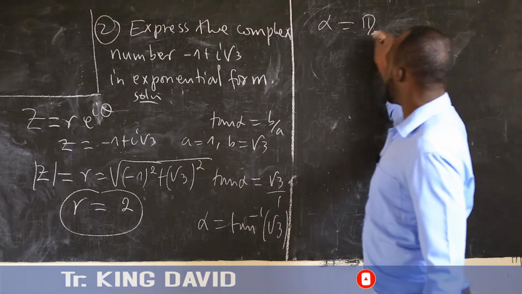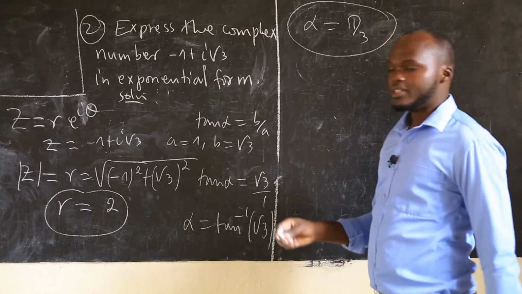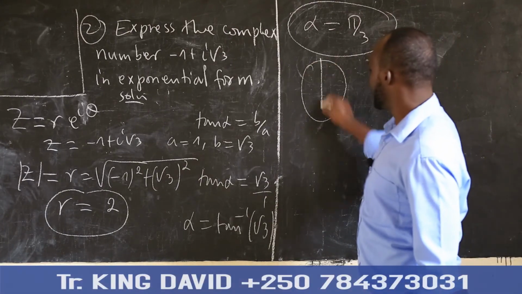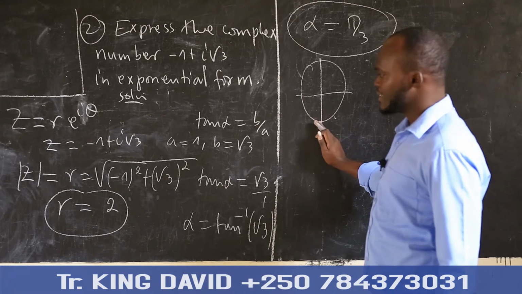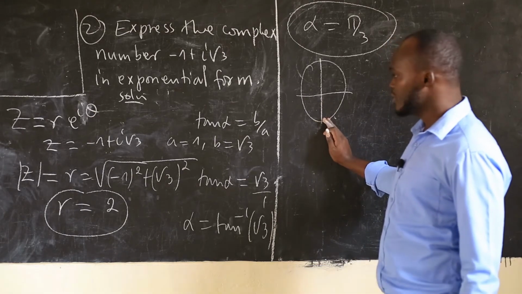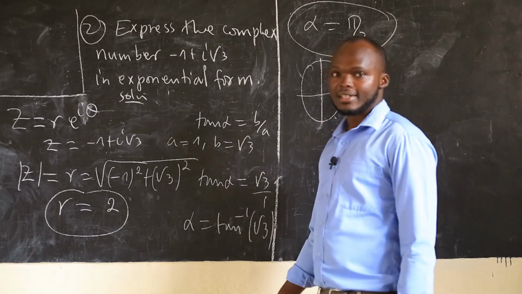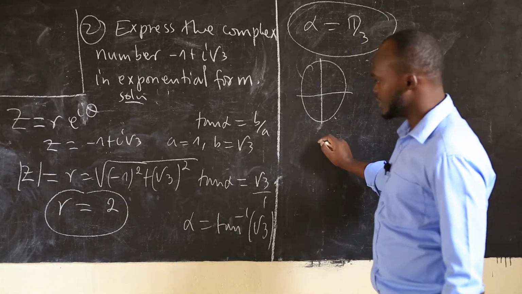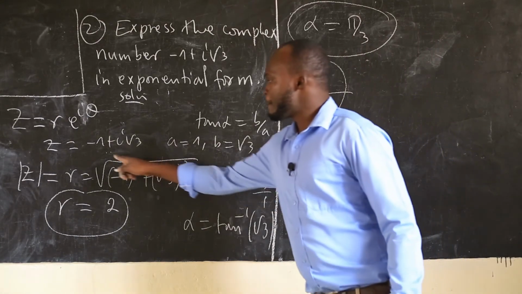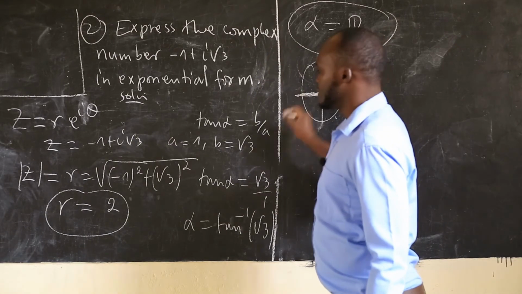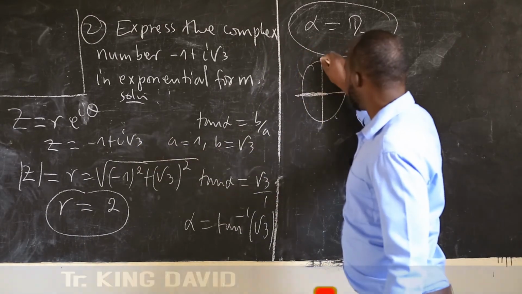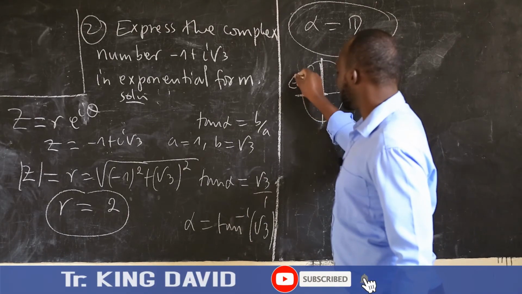So after getting alpha, what will be the argument? We just consider the circle to know exactly the location of that complex number. So our a is negative. If a is negative and b is positive, they are here in the second quadrant.